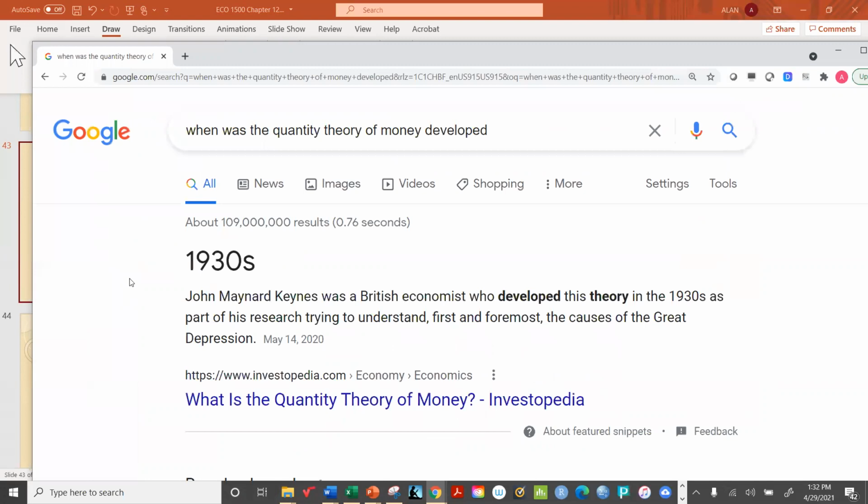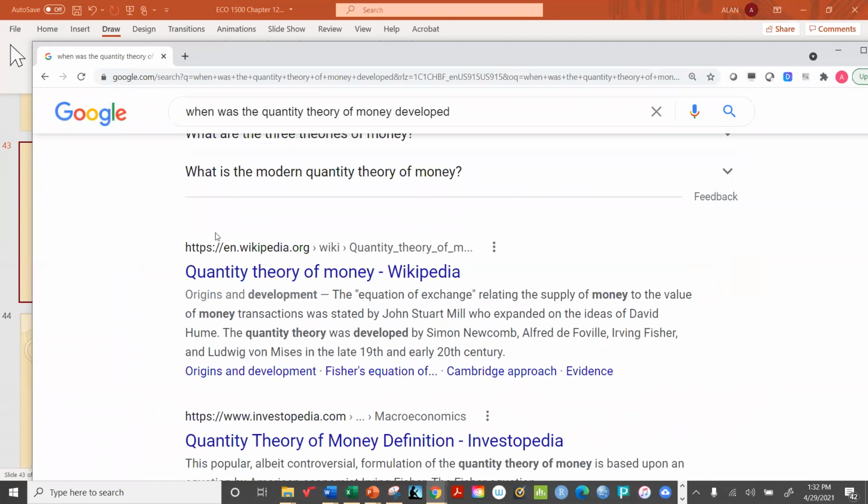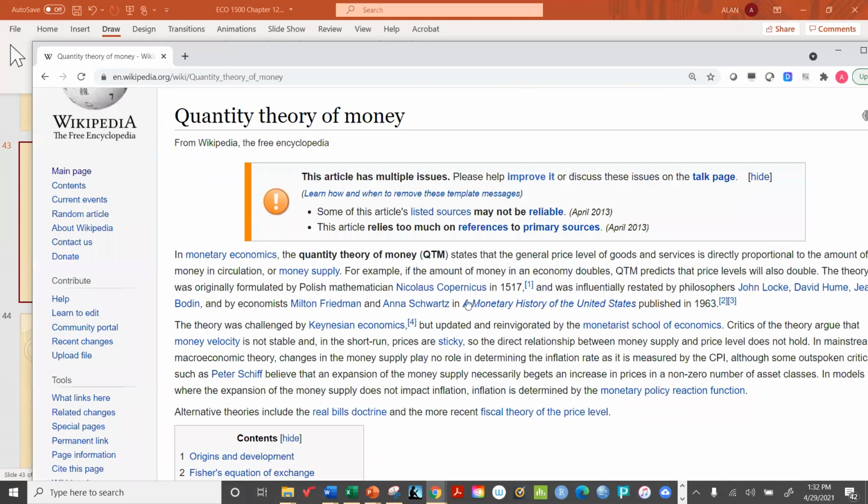Oh no, Keynes. But he based it on the writings of the classical economists. I would disagree with what they're saying there. I think that the quantity theory of money is older than that.